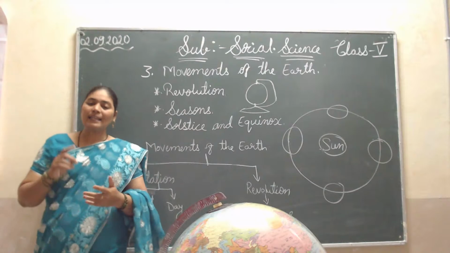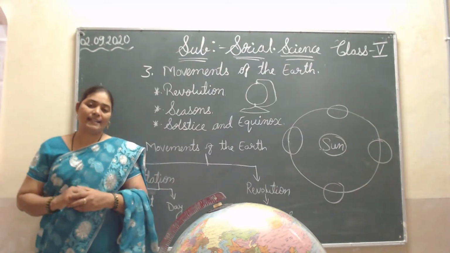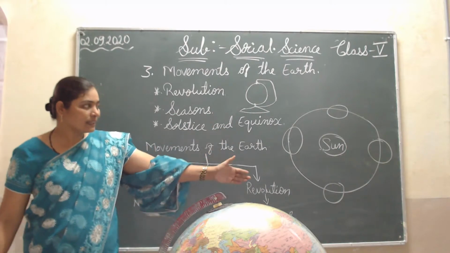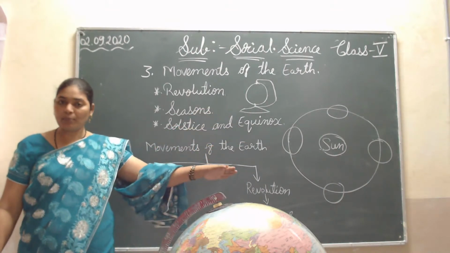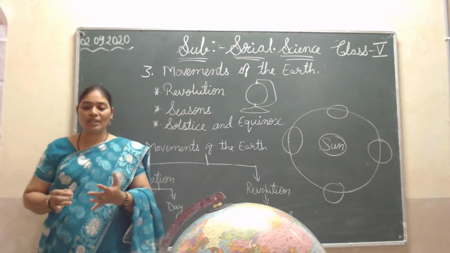The revolution of the Earth causes the changes of seasons. When the Earth moves on its orbit, the seasons change. How does it change? Now see.